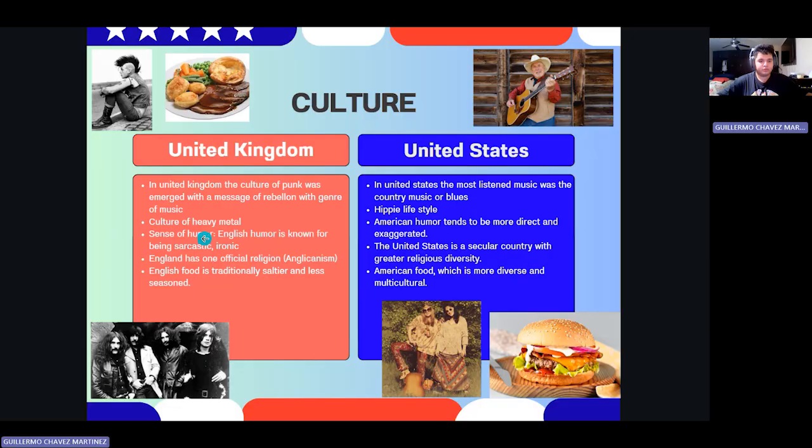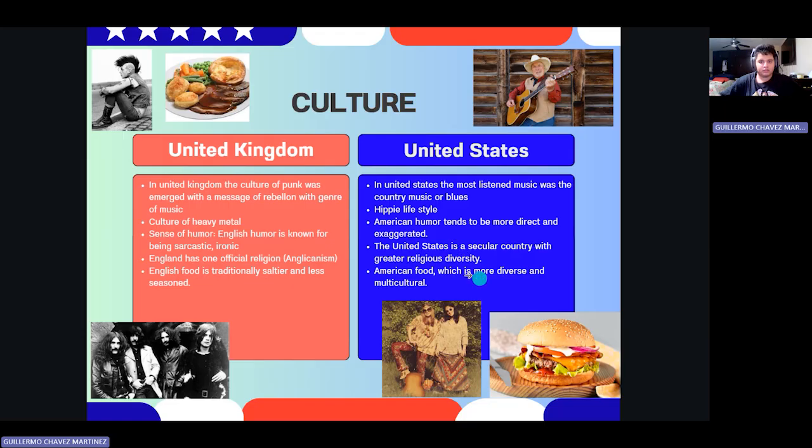The sense of humor: English humor is known for being sarcastic and ironic, and American humor tends to be more direct and exaggerated. Also, in aspects of religion, the United Kingdom has an official religion, which in England is Anglicanism. That is the main religion in the United Kingdom.